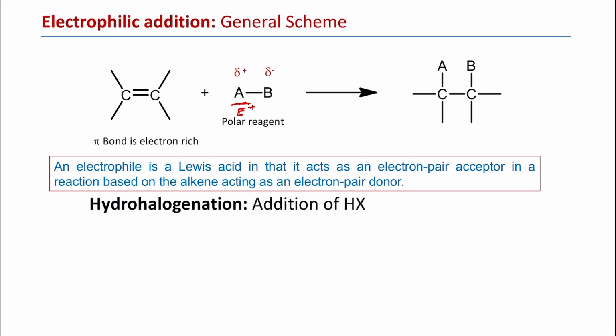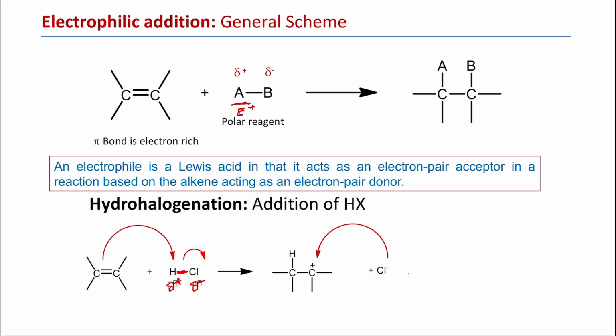So the hydrohalogenation, which is the addition of HX or the addition of hydrogen halides. So when you have a reaction between an alkene and hydrogen chloride, the hydrogen will have a partial positive charge here and the chlorine will have a partial negative charge. The first step in the reaction is the attack of the nucleophile, which is the carbon-carbon double bond, towards the electrophile, which is the hydrogen with the partial positive charge, while the bond between the chlorine and the hydrogen breaks.